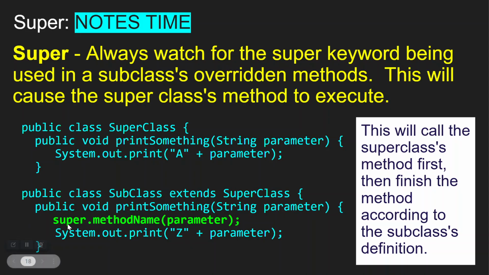The first thing it's going to do is super.printSomething(parameter), and so it would print a plus parameter, and then it would print z plus parameter. So just watch out for those things. Anytime you see super dot something, if it's super dot and then the name of a method, it's calling a method from a superclass. If it's just super with the parentheses, then again, it's calling a superclass's constructor.